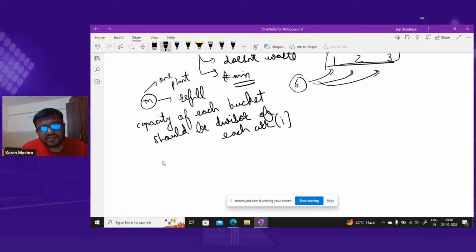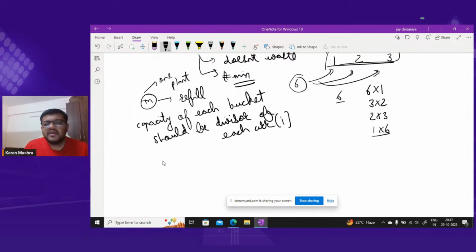Because let's say the first plant needs 6 units of water, so I can use either 6 buckets with one capacity, or 3 buckets with two capacity, or 2 buckets with three capacity, or one bucket with six capacity to water this plant.